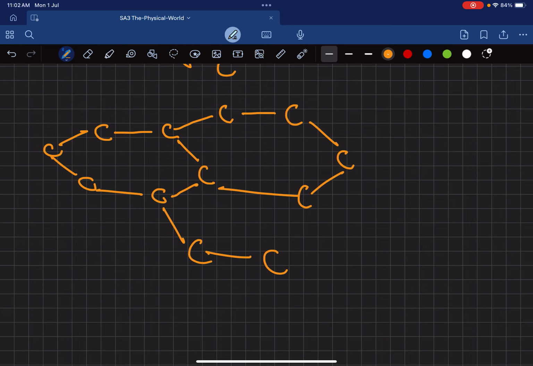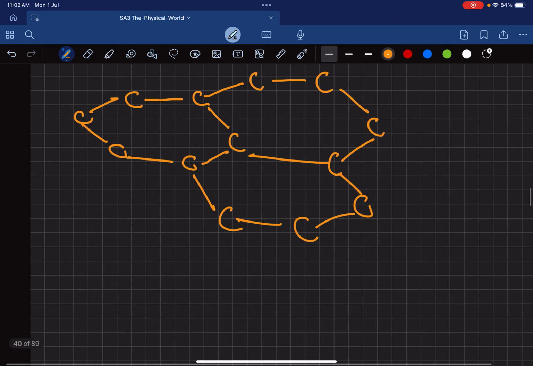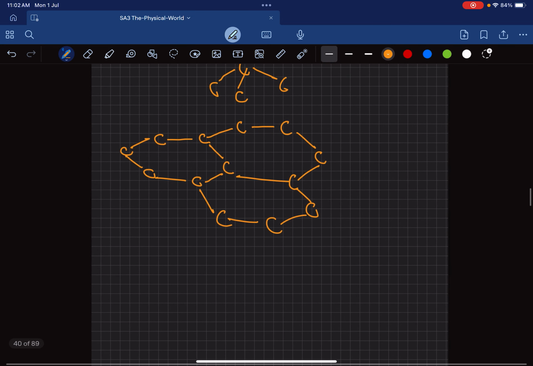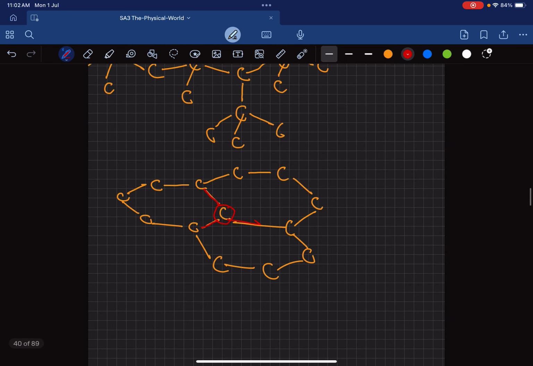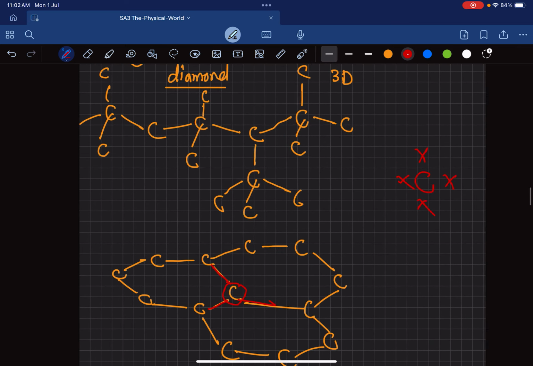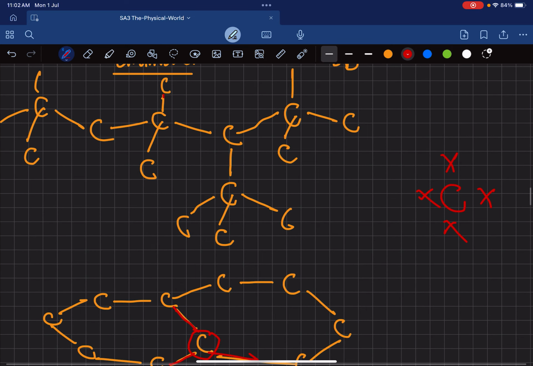In this hexagon ring, what I hope you see is that each carbon is bonded 1, 2, 3. Only 3 bondings per carbon. But we do know carbon actually has 4 valence electrons. So in the case of diamond just now, each carbon has 1, 2, 3, 4 bonding.